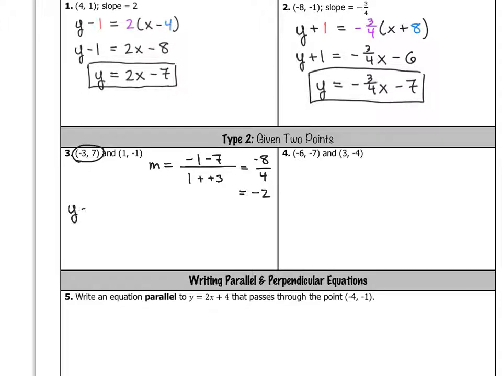It would be y minus 7 equals -2 times the quantity x plus 3. So distributing, that would be y minus 7 equals -2x minus 6. And so this becomes y equals -2x plus 1.